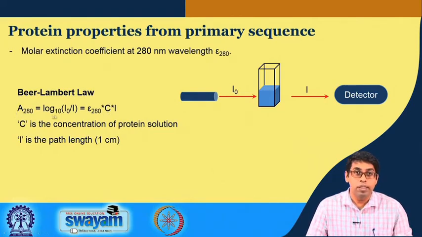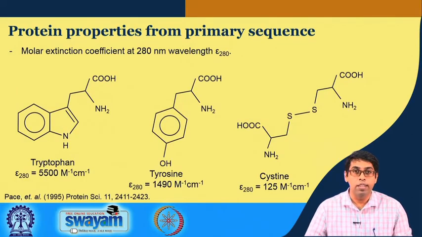To use this Beer-Lambert law, we need to know epsilon 280, and this can be very easily determined from the primary sequence of the protein. It turns out that out of the 20 amino acids, only 2 and to some extent a third one absorb significantly at 280 nanometers.